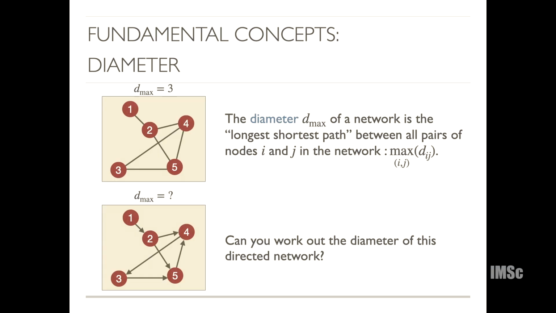It tells you something about the spatial extent of the network: what's the least number of steps that you need to take to get between the two furthest nodes of the network. That's one way to think about it. Okay, so this is roughly where we had stopped yesterday.